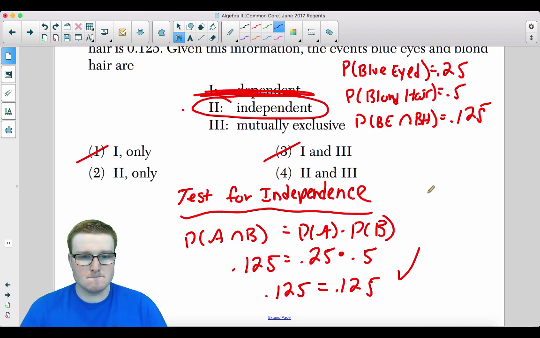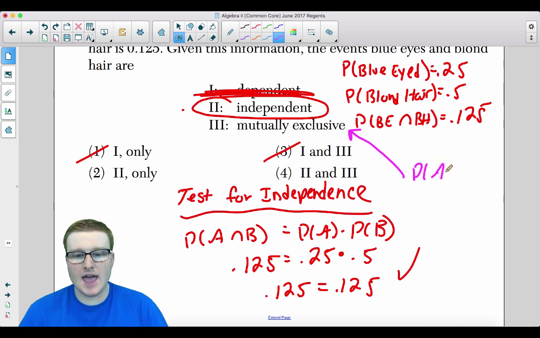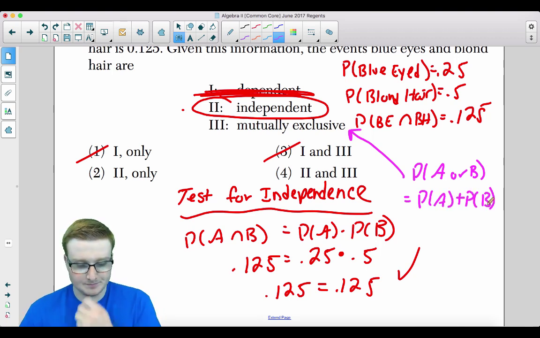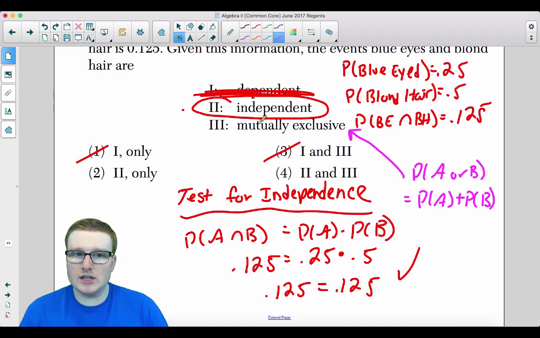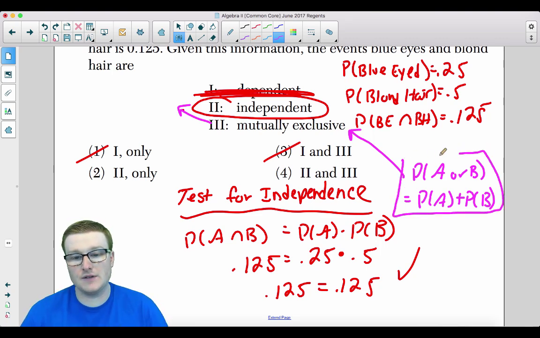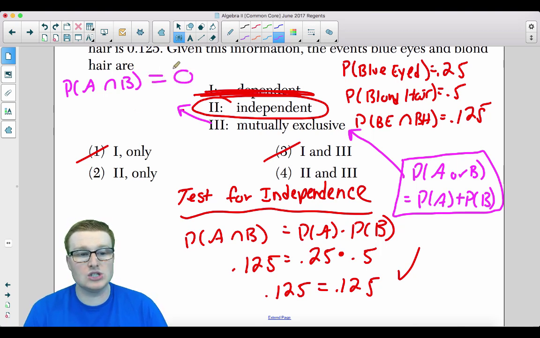For mutually exclusive to work, the formula is this: the probability of A or B must equal the probability of A plus the probability of B. Either you could do it with this formula, or for mutually exclusive, the probability of A and B must be equal to 0.